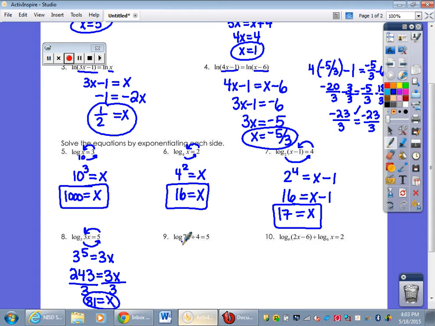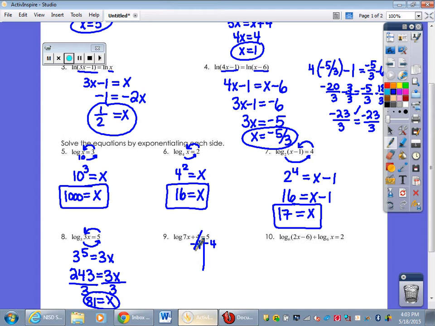Okay, on this one, remember if there's no base, it becomes 10. So you're using base 10 and you're recycling again. Oh, just kidding. Haha. This is one you gotta be careful with. The plus, that is not in parentheses. And because it's not in parentheses, the first thing you need to do is subtract 4 from each side. If it were in parentheses, then we could do it how I started.